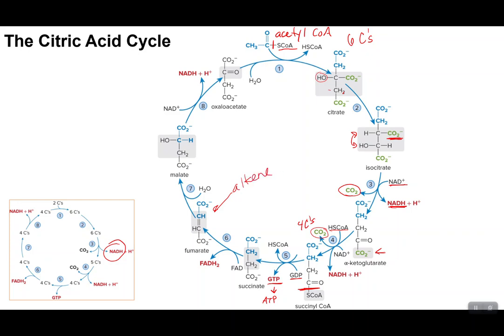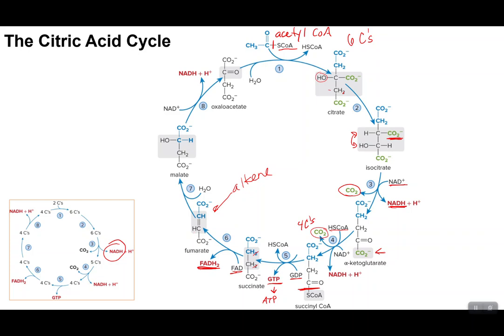And we were able to do that because we were able to oxidize succinate into fumarate by using our oxidizing agent FAD. So FAD is converted to FADH2 because it took these hydrogens from succinate. And now we are at fumarate, which has that double bond. And in that process, again, we were able to make this reduced coenzyme, which is going to be important for the electron transport chain.